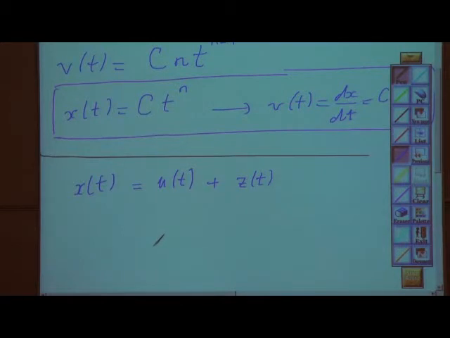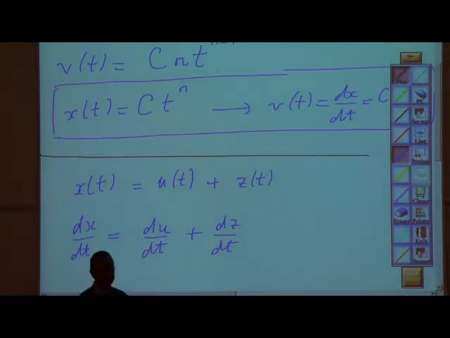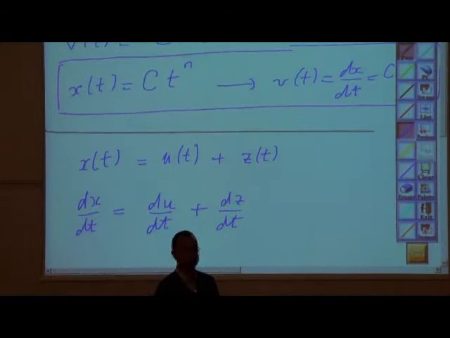Okay? Then the derivative will be just the derivative of u plus the derivative of z. Do you all believe this? Does it make sense?